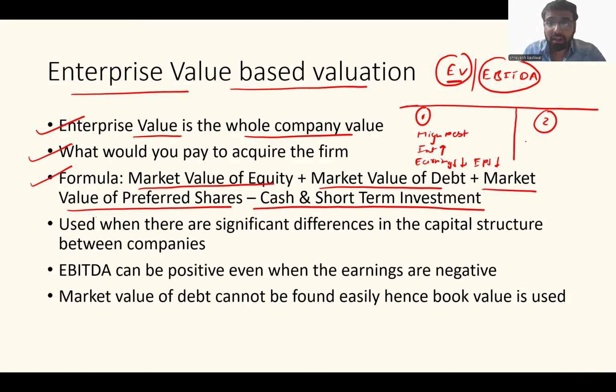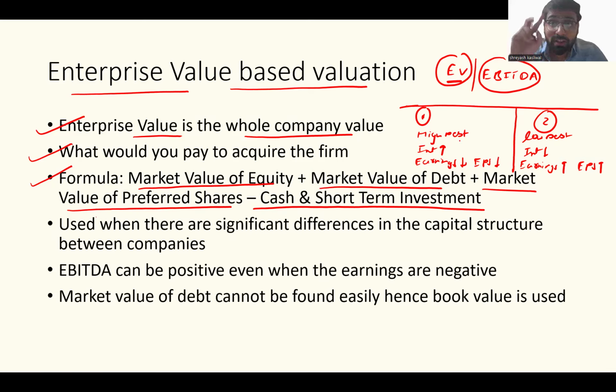But when I talk about the second company, where the debt is low, the interest cost is not very high, it is in fact low. That means here the earnings are going to be high because the interest cost is low and ultimately EPS will be high. Okay, sir, but what is the implication of this?